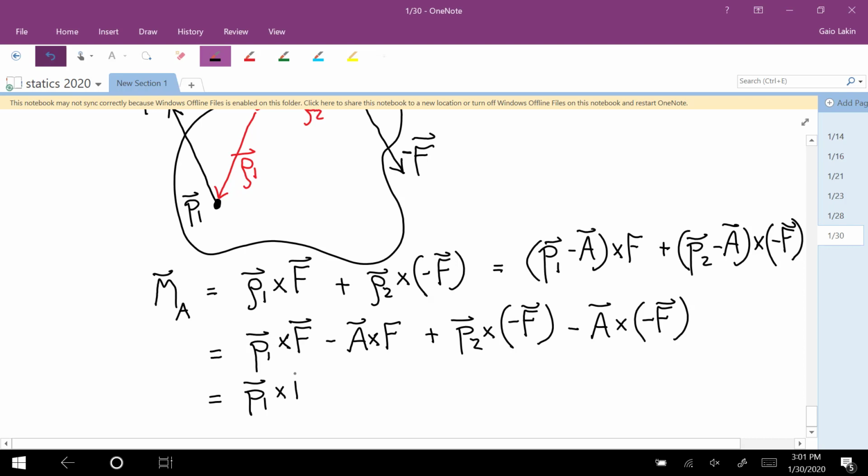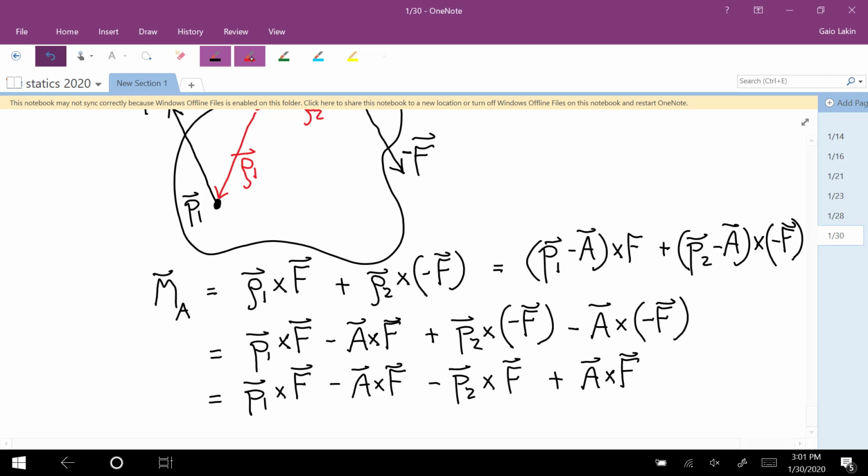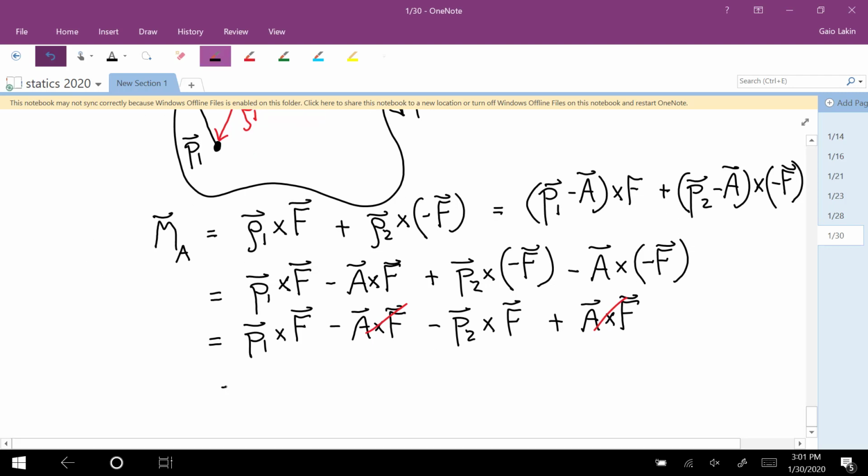So P1 cross F minus A cross F minus P2 cross F plus A cross F. And now you can see where that cancellation happens. And so what you get is the cross product of this difference, P1 minus P2, and F.